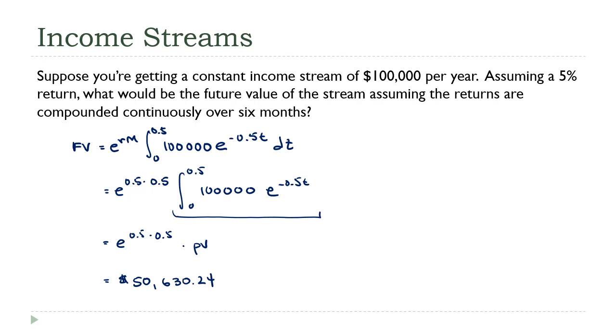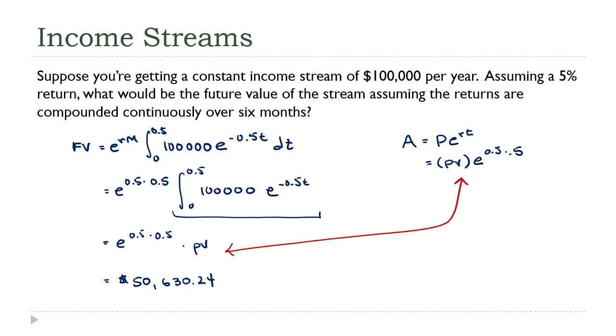So in other words, I could just use our compound interest formula that we talked about a couple lectures back. This is the present value that we calculated previously. R is 0.5, T is 0.5, and yeah, look at that. We ended up in exactly the same place.